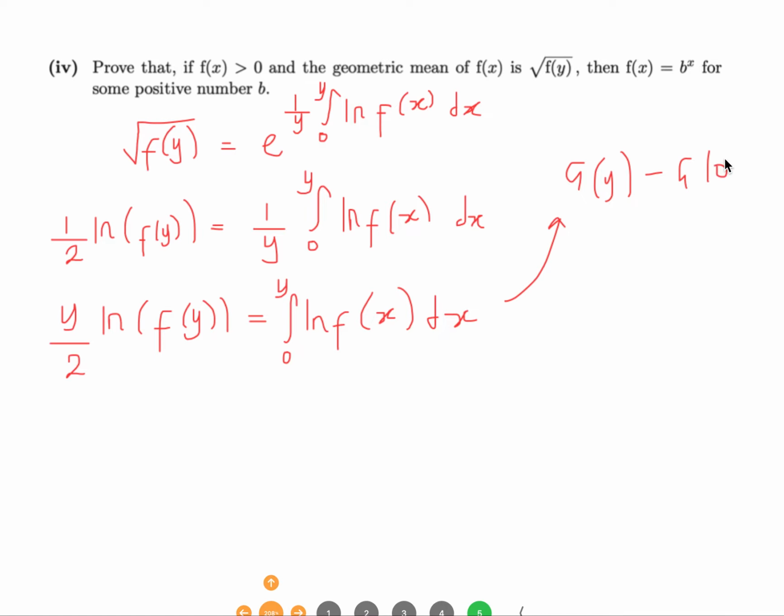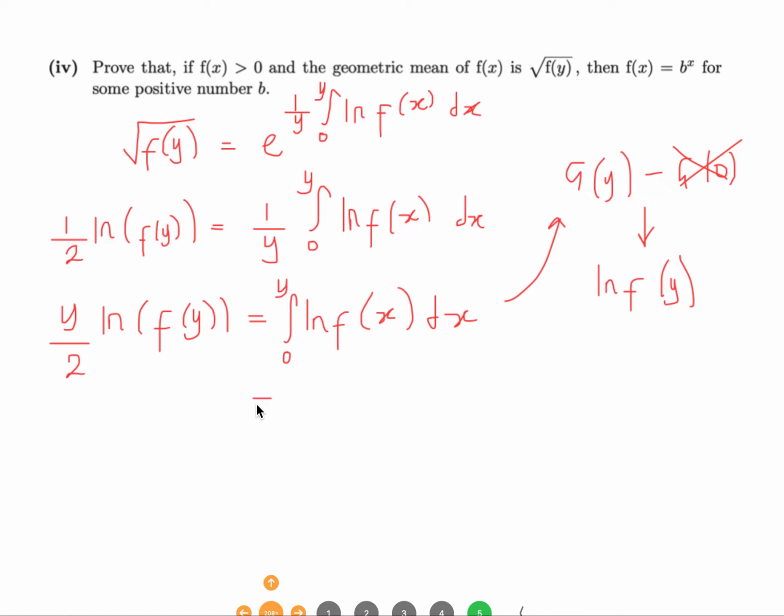That's just the fundamental theorem of calculus. So if we differentiate it, the derivative of this is a constant, so that's just going to go. g is the integral of this, so the derivative would just be this. So when we differentiate this side, we're just left with ln of f of y.